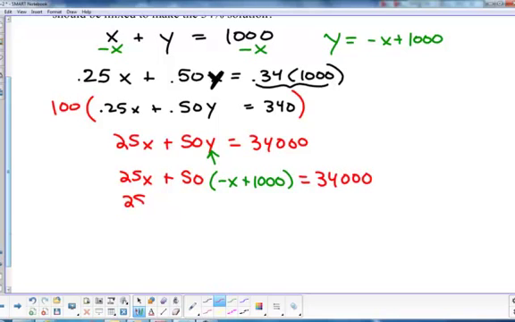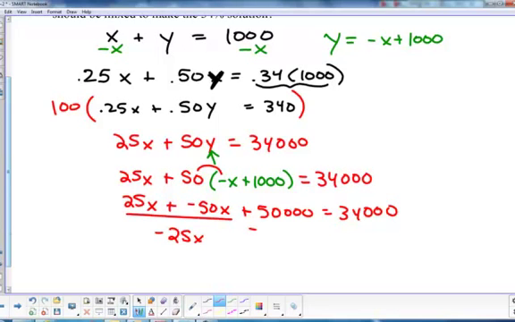All right, so 25x plus negative 50x plus 50,000 equals 34,000. So I have a negative 25x, putting my like terms together, subtracting 50,000. So my negative 25x will equal negative 16,000. And then if you divide by 25, you get 640.